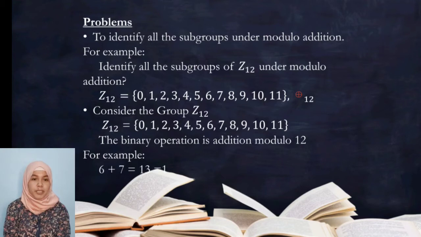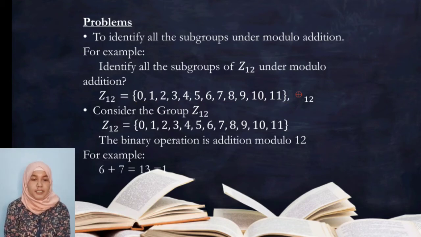And the last property is that all the elements have inverses. To identify all the subgroups of Z_12, we pick one element of Z_12 and add it to itself several times, and stop when we get the identity element, which is 0. So Z_12 has the elements 0, 1, 2, 3, 4, 5, 6, 7, 8, 9, 10, and 11.